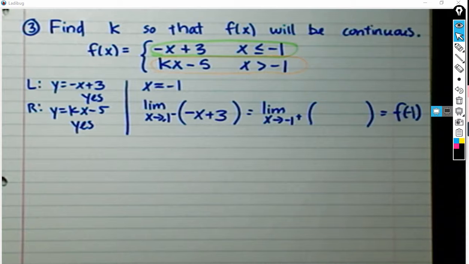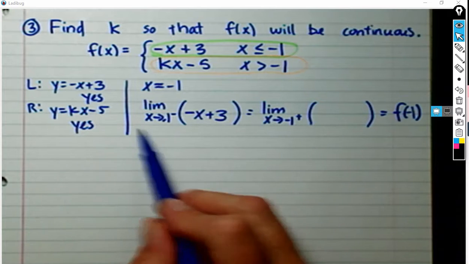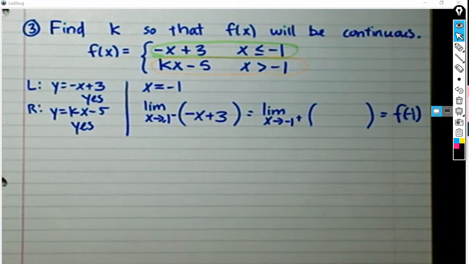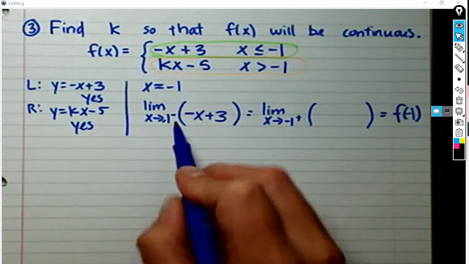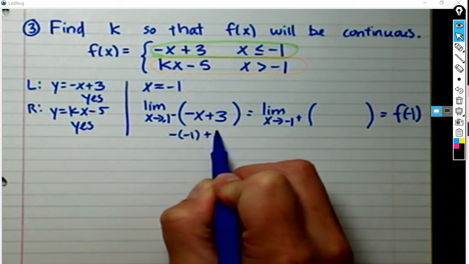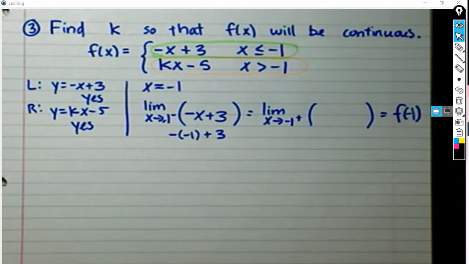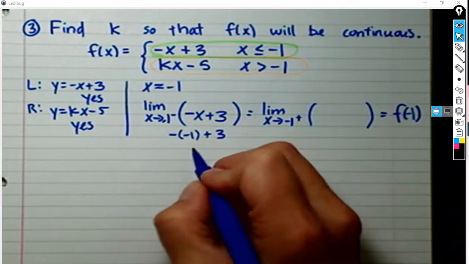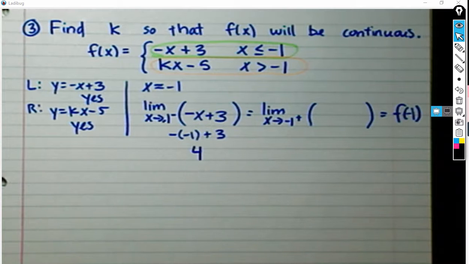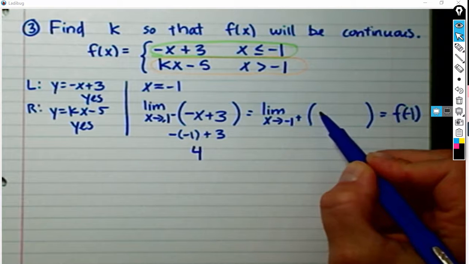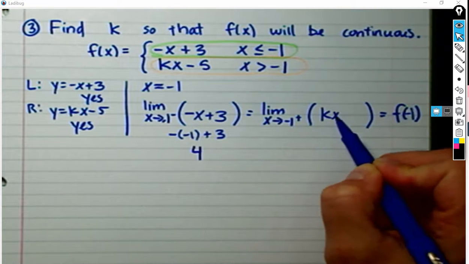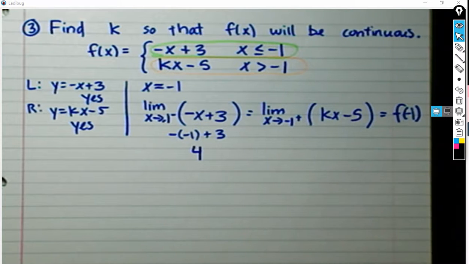All right. Dylan, what do you get when you evaluate the left side? So negative 1 plus 3. Not 2. Four, yes. Okay. Got it. All right. Adam, which one is the right side? Yes. kx minus 5.